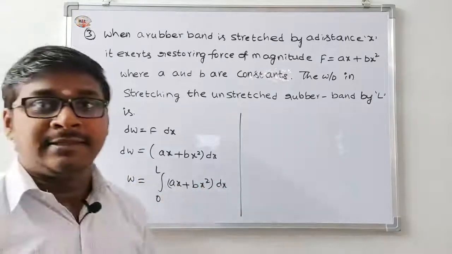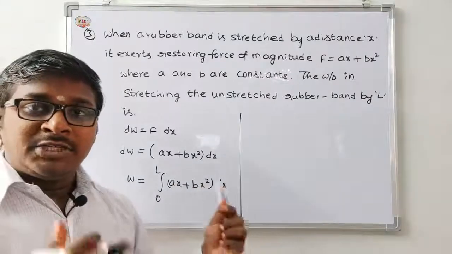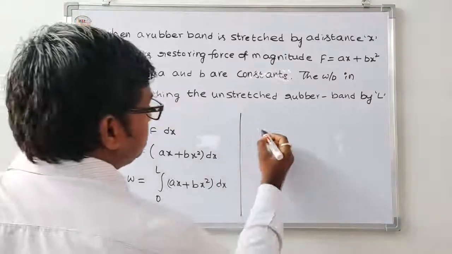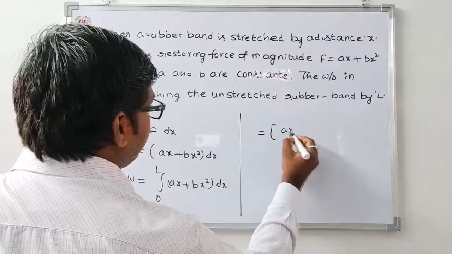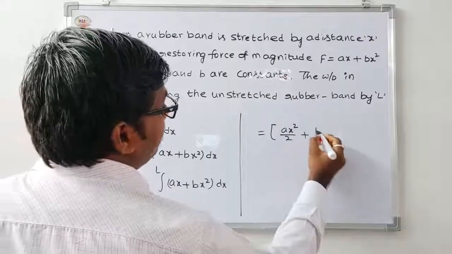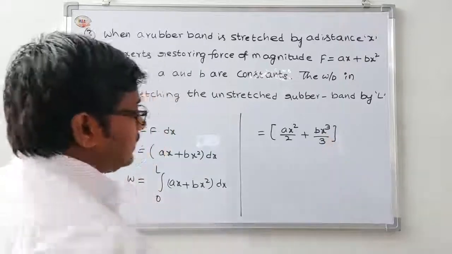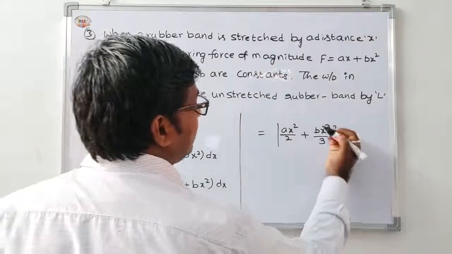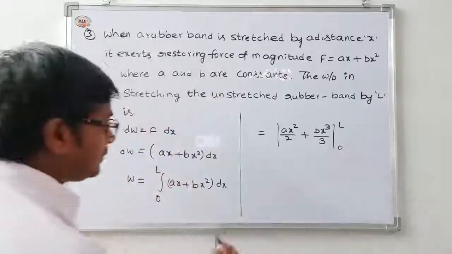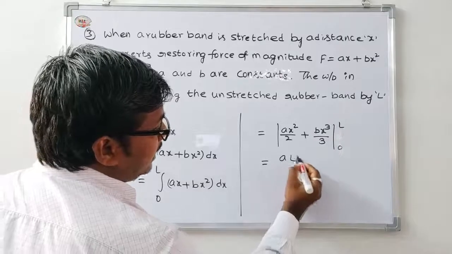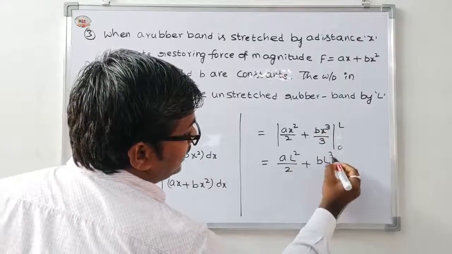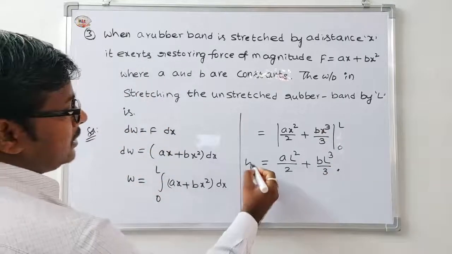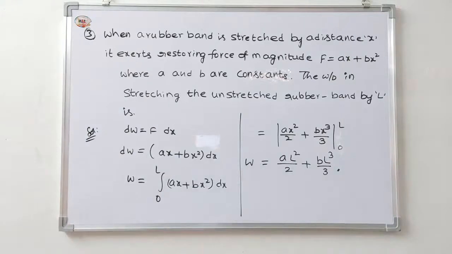The limits are 0 to L, the initial length 0 to the final length L. That is equal to ax square by 2 plus bx cube by 3, with limits 0 to L, which is a L square by 2 plus b L cube by 3. This is the answer for the third problem: work done equals a L square by 2 plus b L cube by 3.